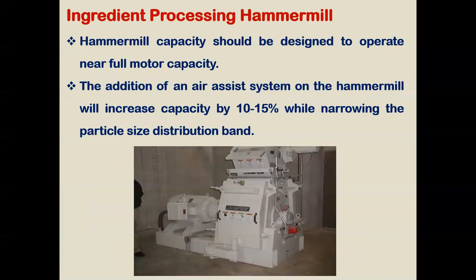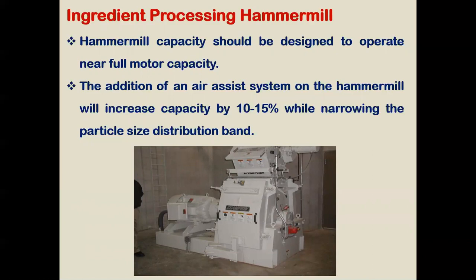So how does ingredient processing take place by hammer mill? Hammer mill capacity should be designed to operate near full motor capacity. Motor capacity is different, and the hammer mill is manufactured based on the capacity of the motor. Feed millers should utilize the maximum capacity of the motor for production of more ground material and to reduce the cost.